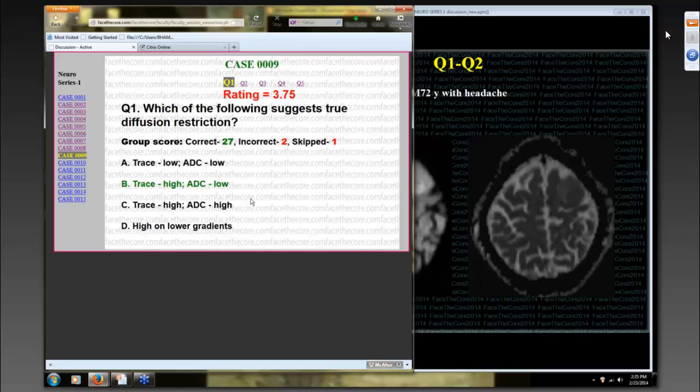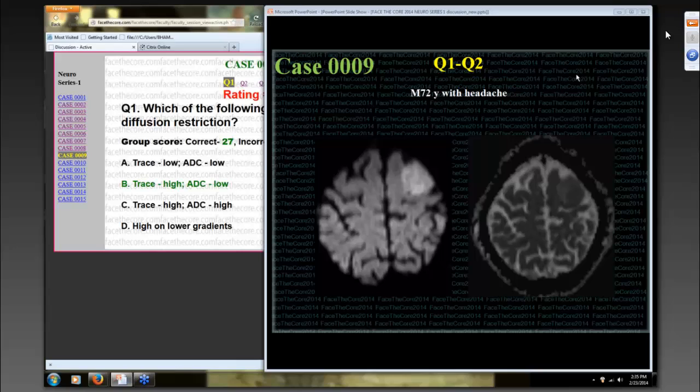Because all the diffusion gradient images as such have two components, a T2 component and a diffusion data. As you increase the diffusion gradient strength, or what is called the B value, the component which is given by the T2 gets reduced and only the diffusion data shows through much more.